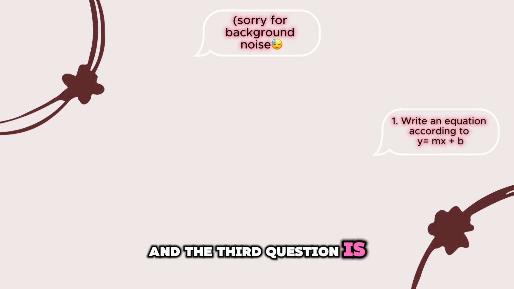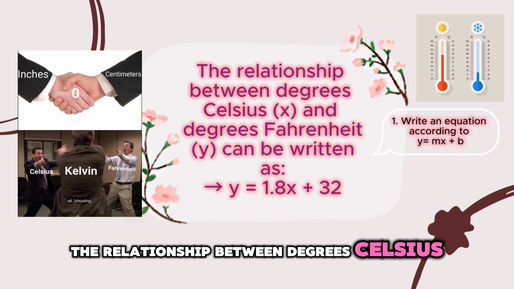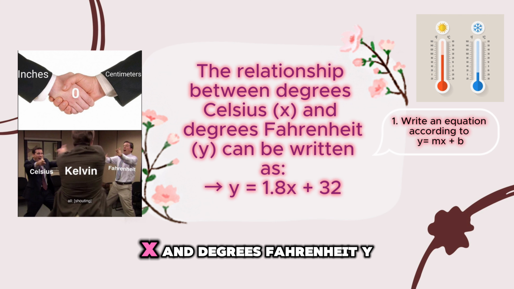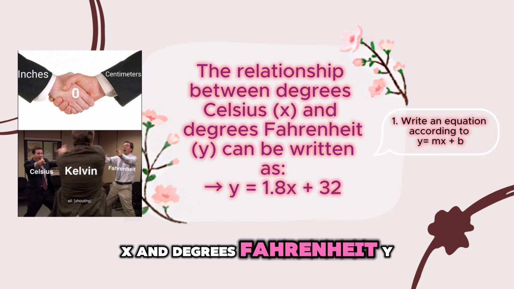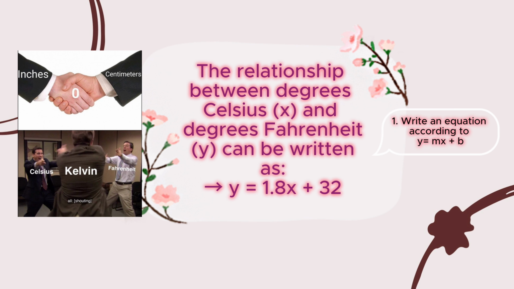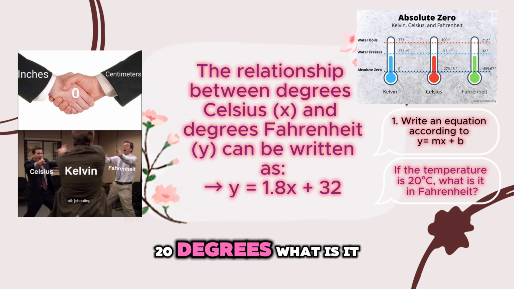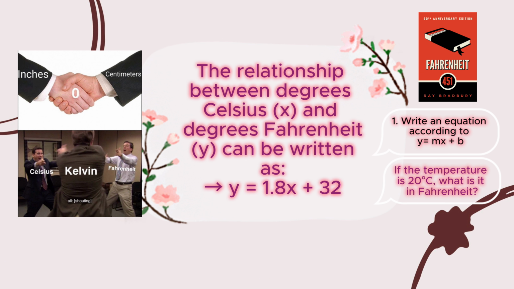And the third question is the relationship between degrees Celsius x and degrees Fahrenheit y can be written as: if the temperature is 20 degrees, what is it in Fahrenheit?